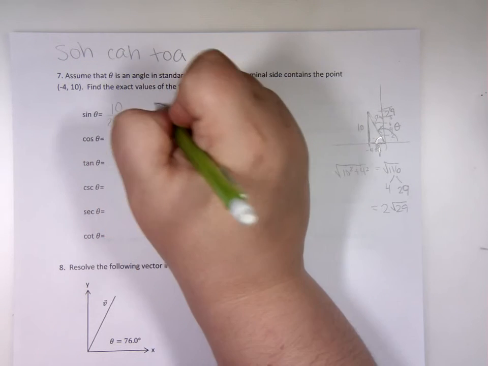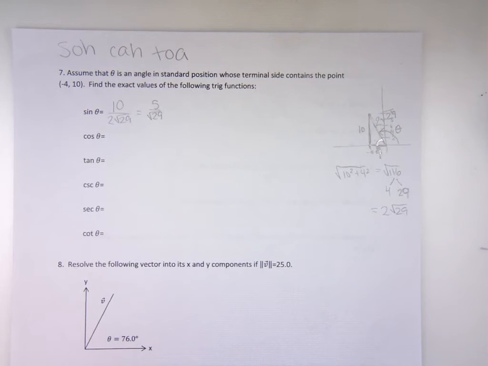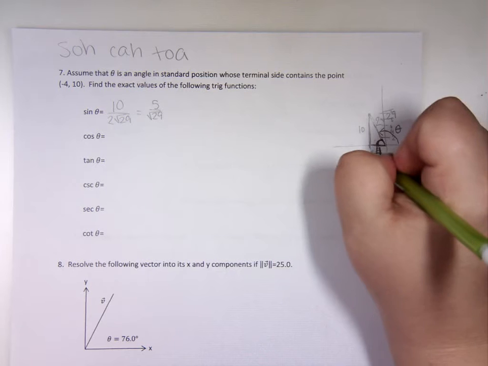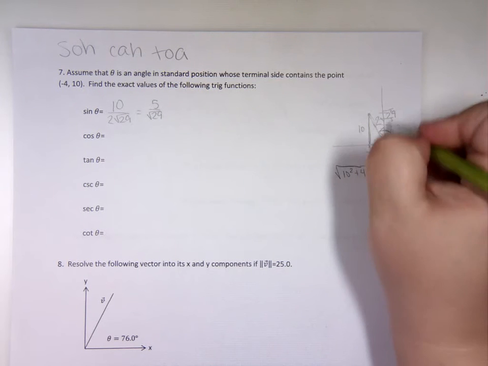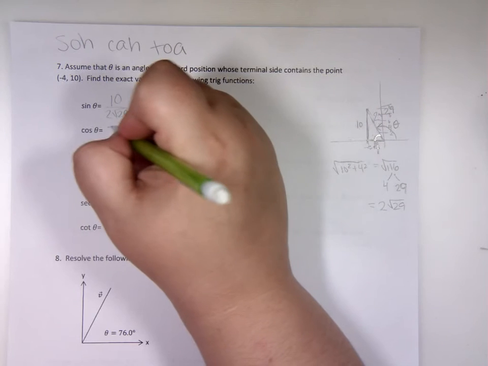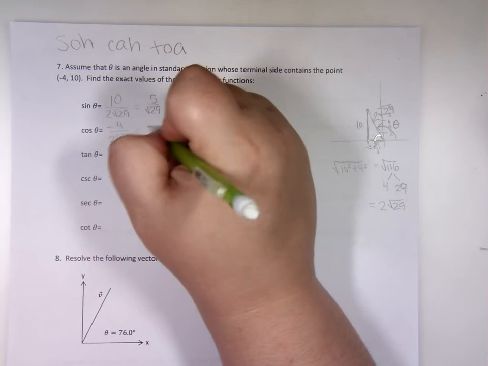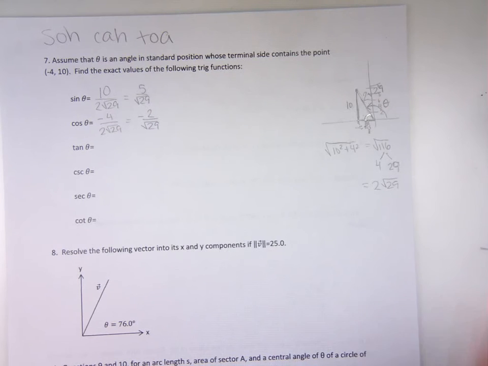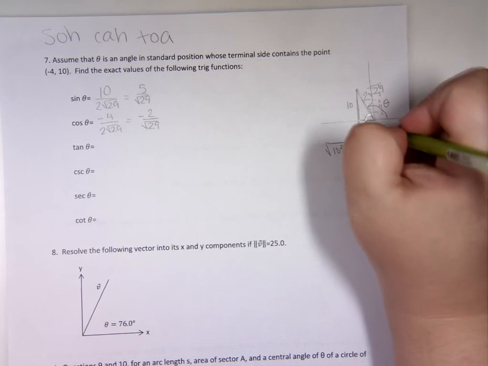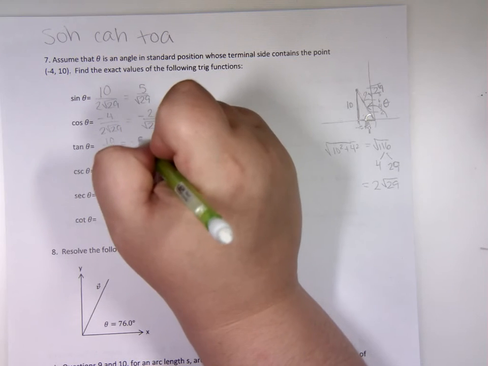So that's going to reduce down to 5 over root 29. Cosine of theta, remember this is in quadrant 2, so I am going to keep the negative there. So it's going to be negative 4 over 2 root 29. That's going to reduce down to negative 2 over root 29. And tan is opposite over adjacent, so 10 over negative 4, which is going to reduce down to negative 5/2.